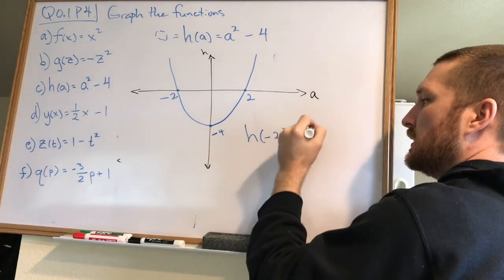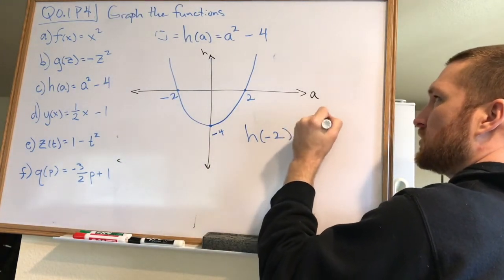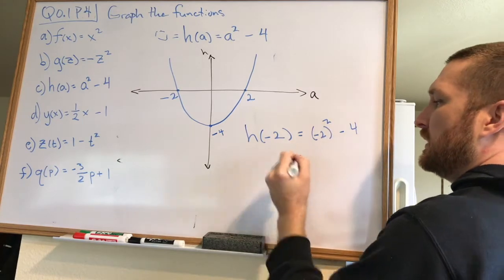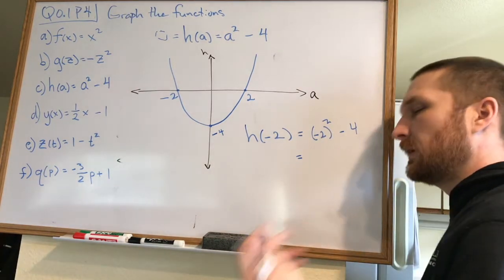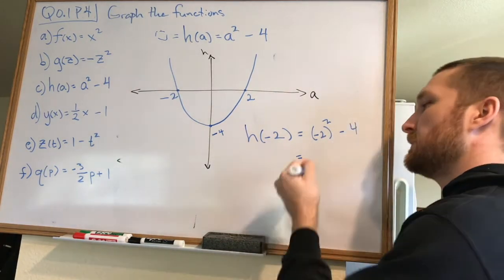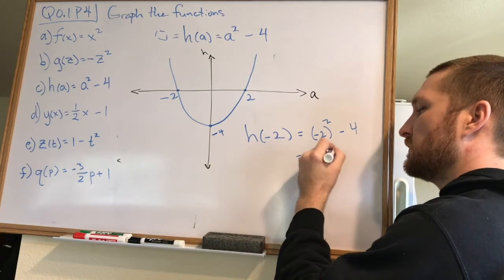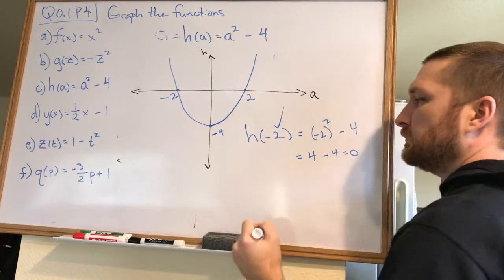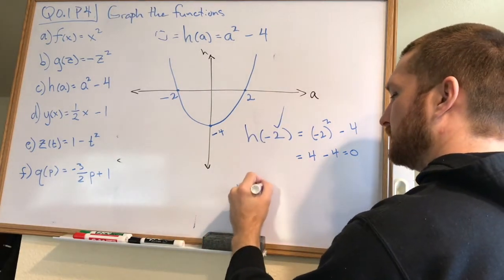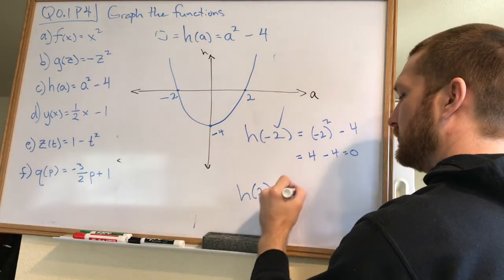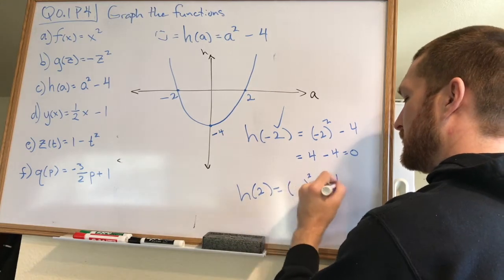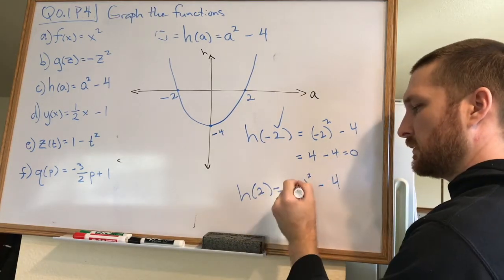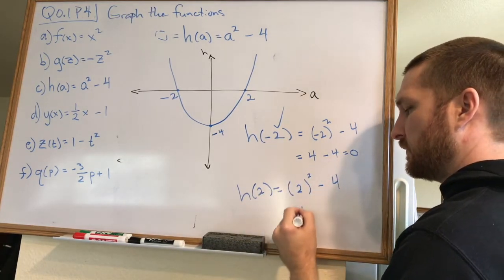So let's see, we get -2 squared minus 4. Negative 2 times negative 2. Well, a negative times a negative is a positive. 2 times 2 is 4. 4 minus 4 does equal 0. So that point checks. What about h of positive 2? Well, it says we do this. 2 goes in here. 2 times 2 is 4.